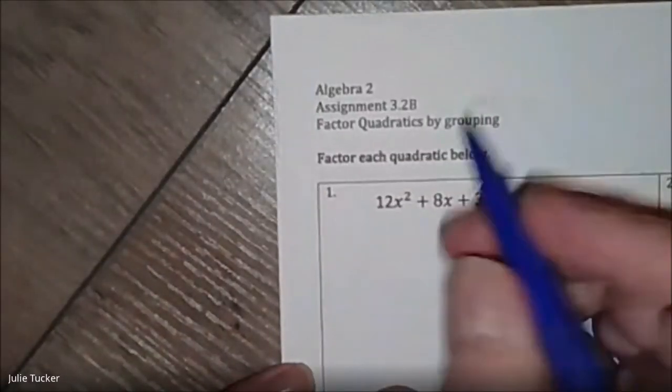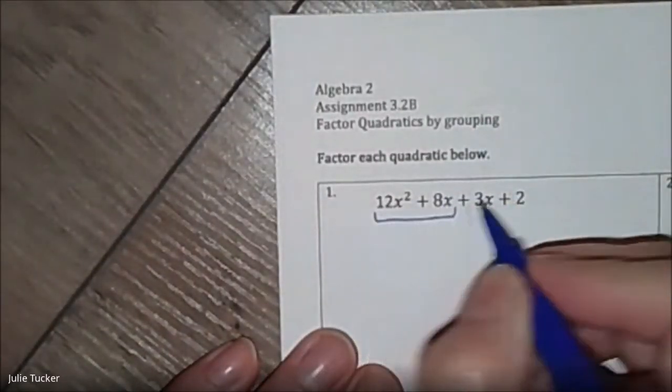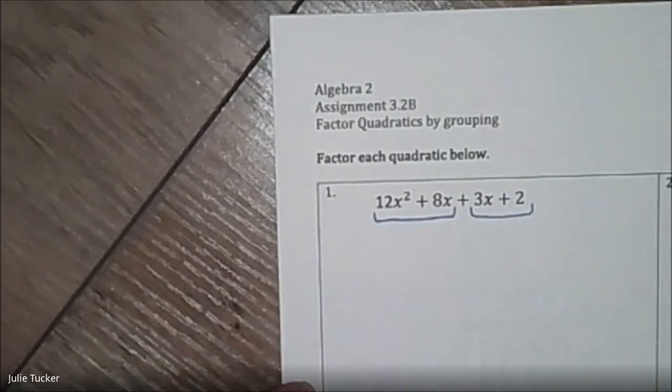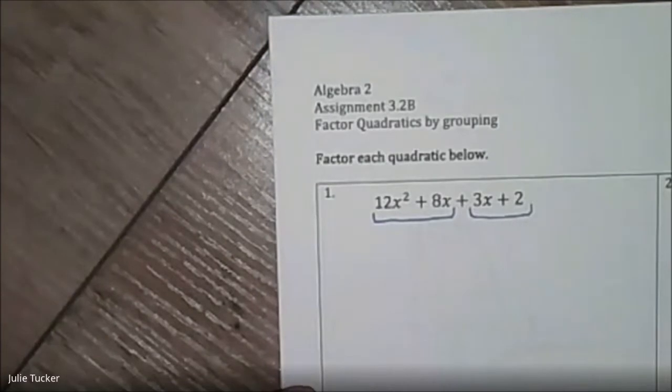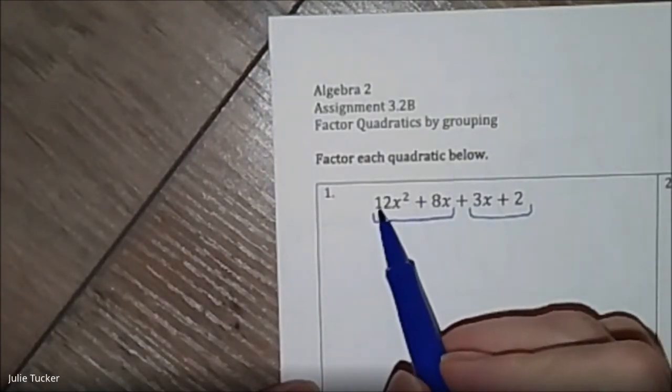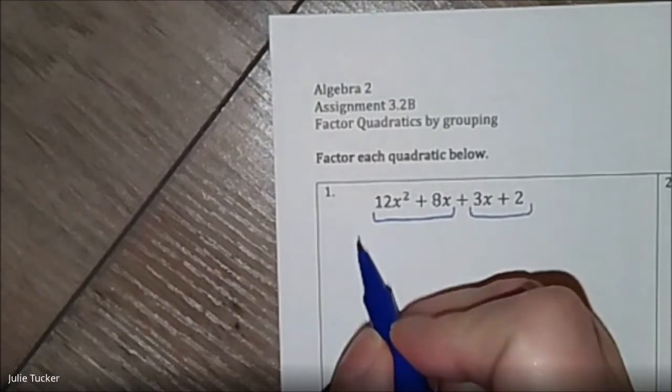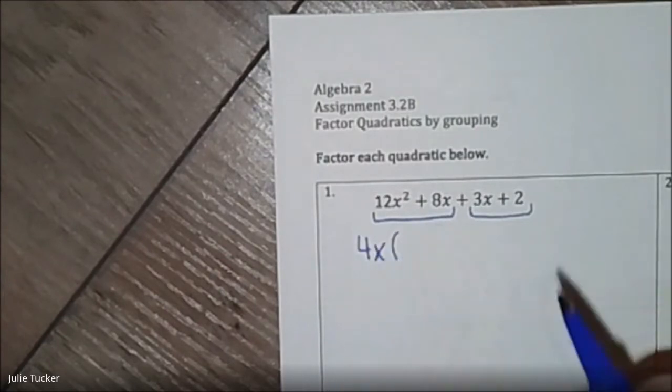Okay, now we're going to do a few extra practice problems together, okay? So I know some words are kind of tough, like negative is a little bit tough, isn't it? So this problem has all positives in it, so we won't have to worry about saying negative. What number divides into 12 and 8? Good. So I'm going to put 4 with x, right?